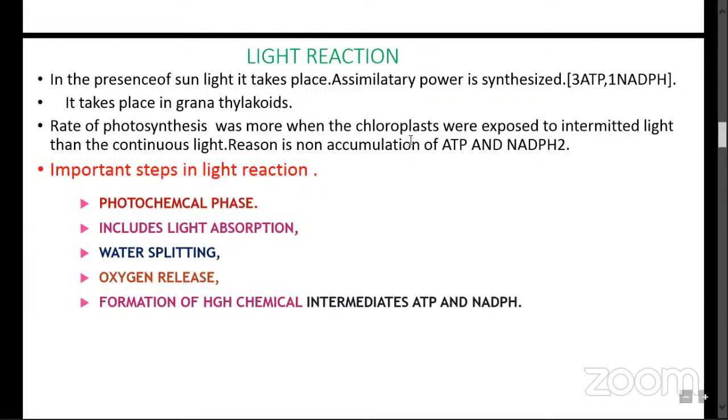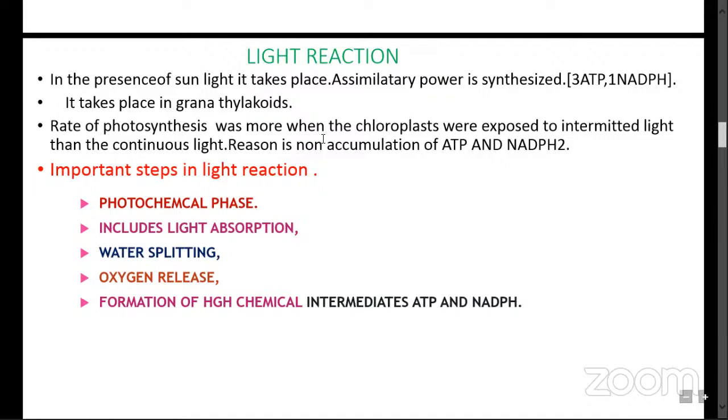Intermittent light helps in storing the assimilatory power in the leaf, which helps in increasing the rate of photosynthesis. So here we should understand one point: continuous flow of photons will not help in increasing the rate of photosynthesis, but intermittent light does. That is the most important point.